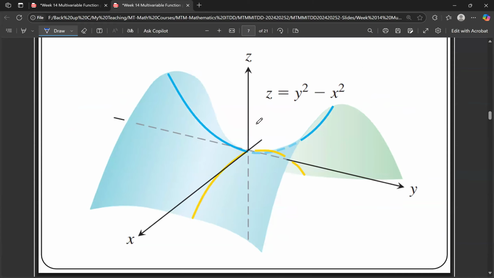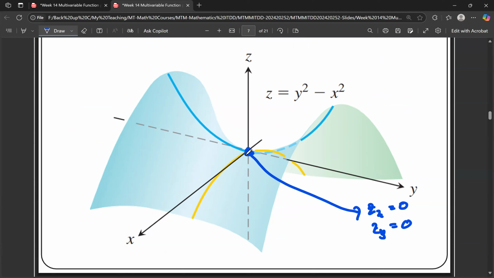Here is the illustration of a saddle point. In this point, in the x and y directions, both of them are 0.